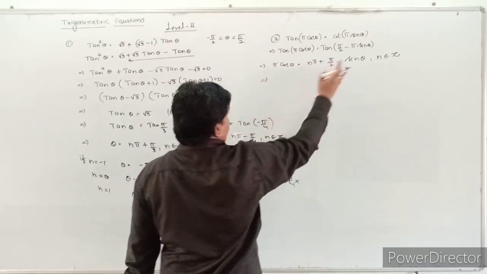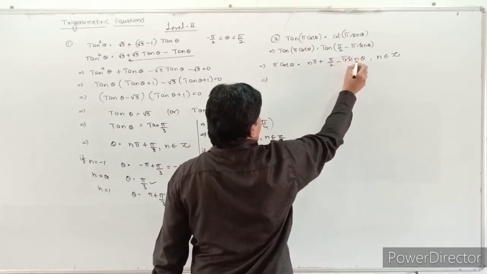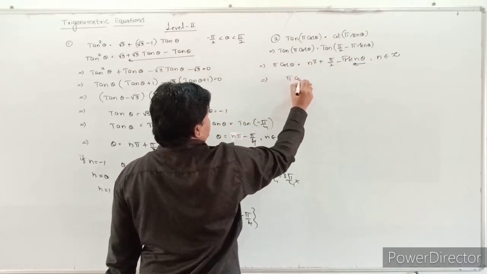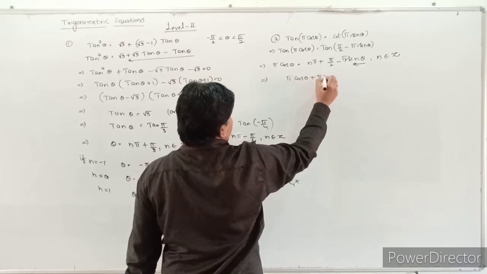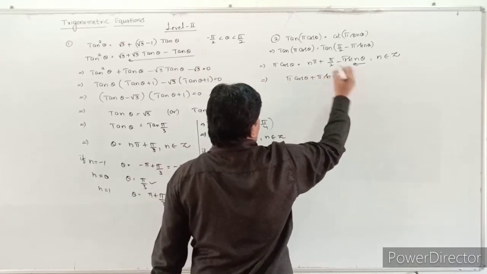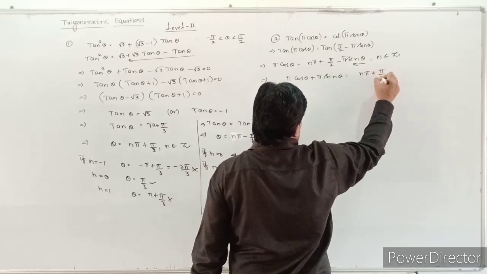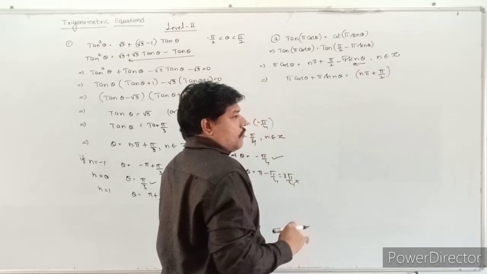So what I will do is take this minus pi sin theta to this side. So pi cos theta plus pi sin theta is equal to n pi plus pi by 2.